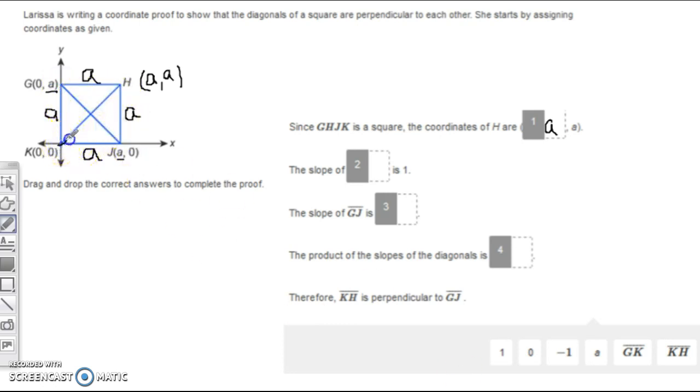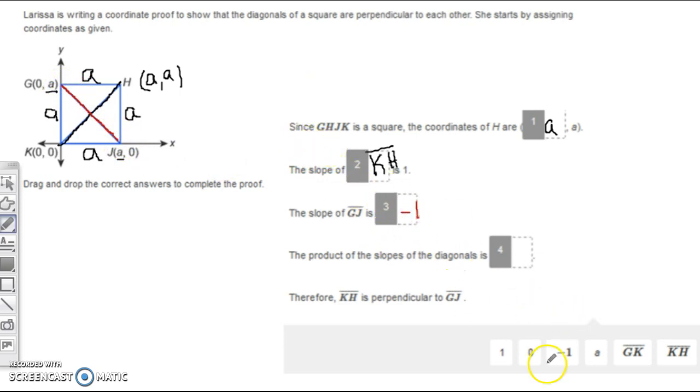So the only possible side here that could be a positive 1 slope is KH. So the diagonal KH has a slope of 1. The slope of GJ, so let's check out GJ. I'm going to get a new color. That's this diagonal and it's going downhill. Well, that diagonal is going to be a negative 1.